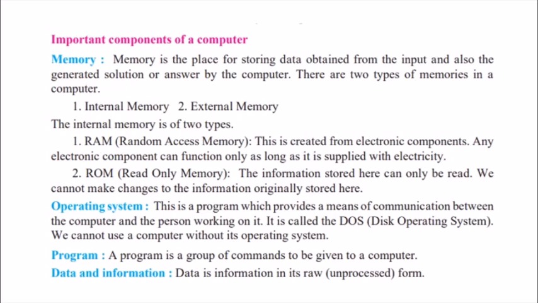We give different commands like F5, F3. If you have to refresh, we give the F5 command. Next is data and information. Data is unprocessed and in raw form, the information that we feed inside the computer. So these are the important components of the computer.